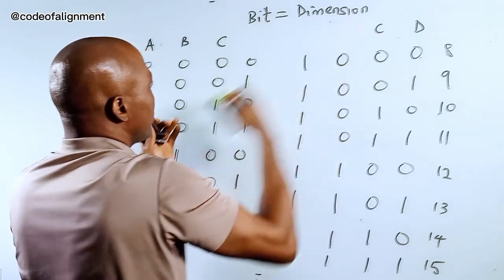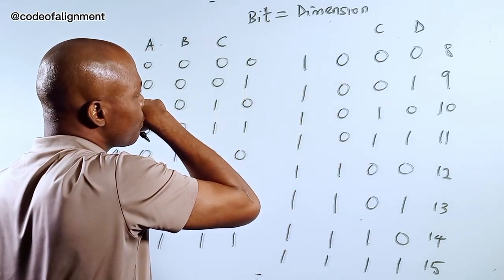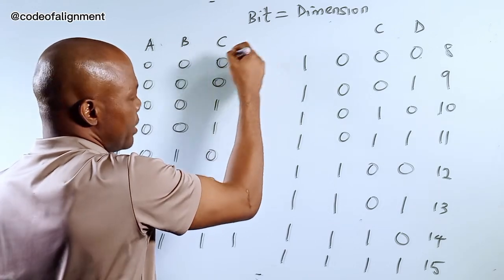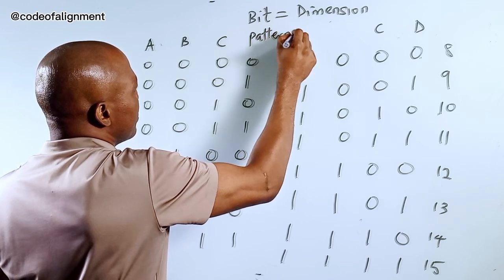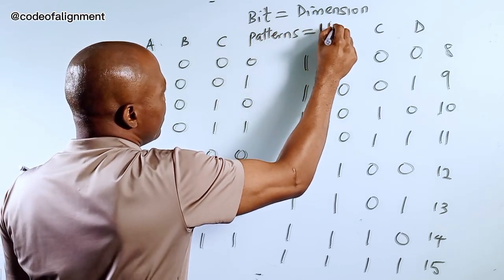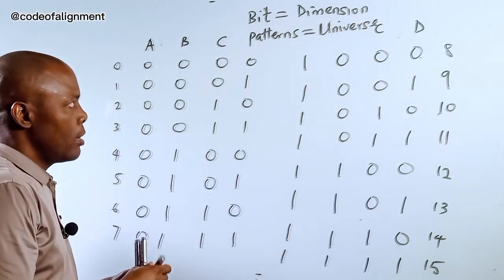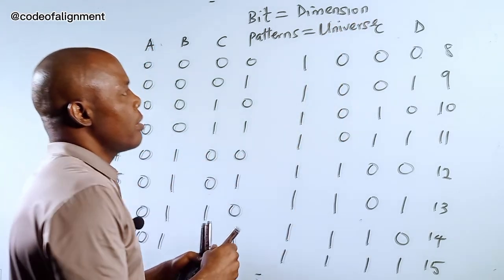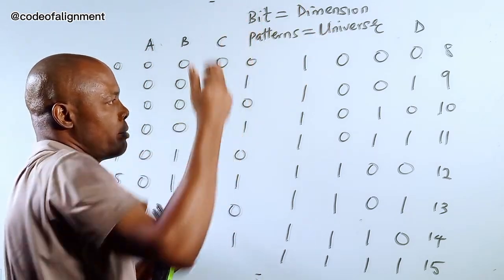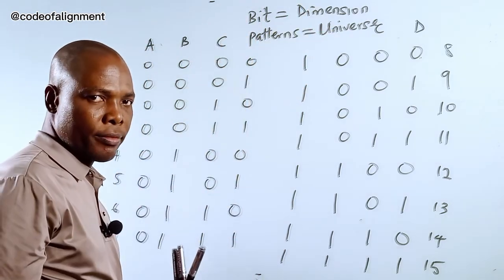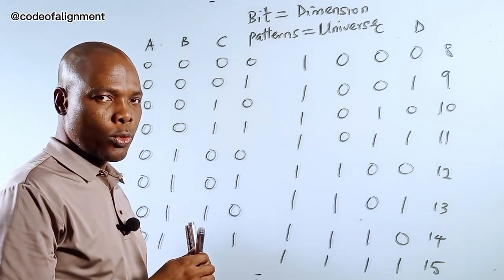And the patterns, right, equals to what? Universe. So how many universes can we get from the bits that are given? That is basically what I have been trying to show you.